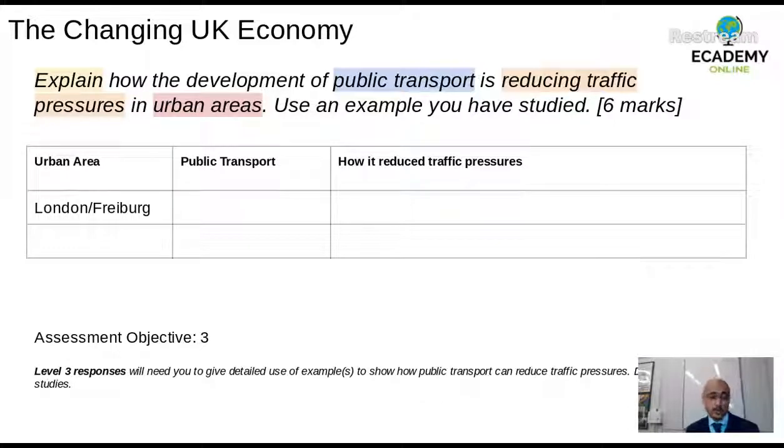And this way, you will write a better answer afterwards. So not only do you end up writing a better answer, you've also revised, and in the long term, when it comes to the actual exam itself, you'll remember this material in a lot more detail. So just give you a quick 30 seconds to note down this table, and then we'll move on to the next section.